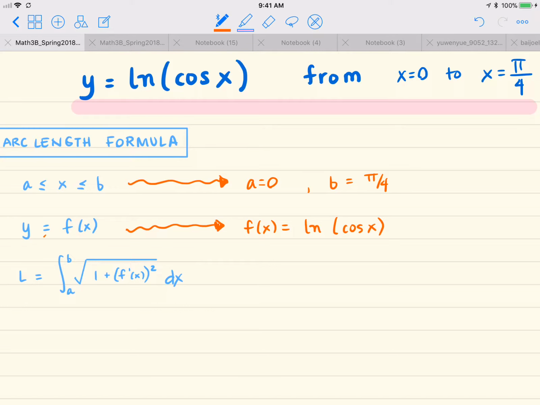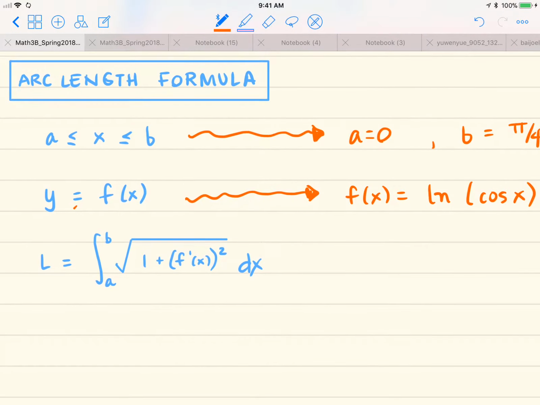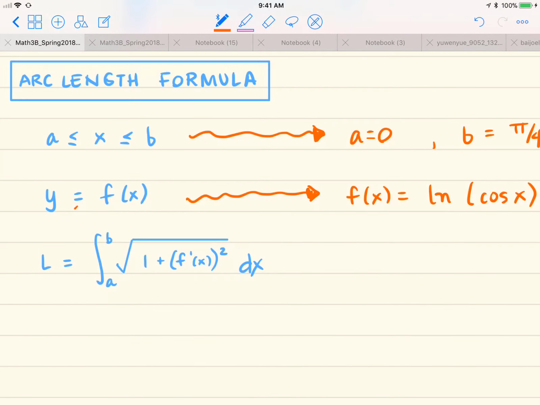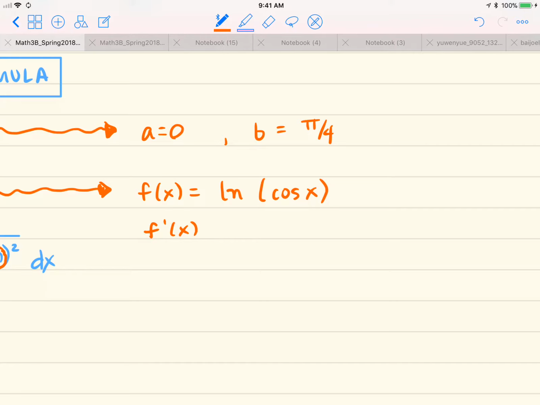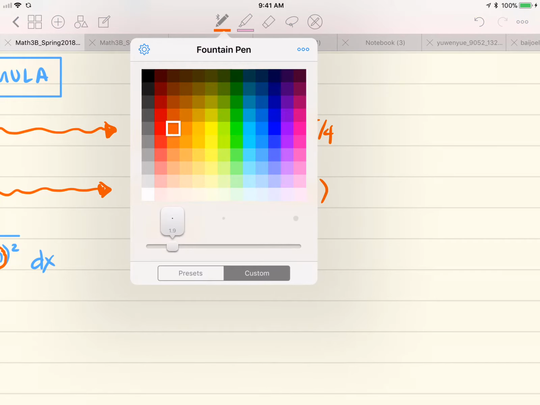Now looking ahead with the formula for L, which is the arc length, we're going to need the derivative of f of x, right? So let's go ahead and compute f prime of x while we're here. I'm going to write that a little smaller.